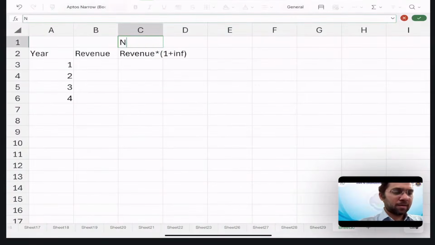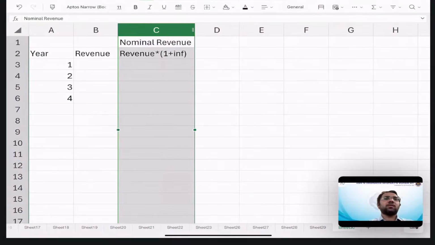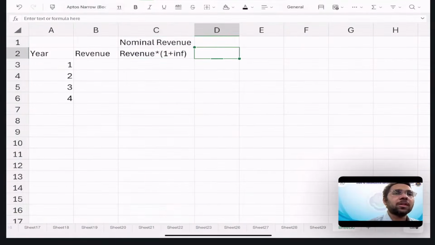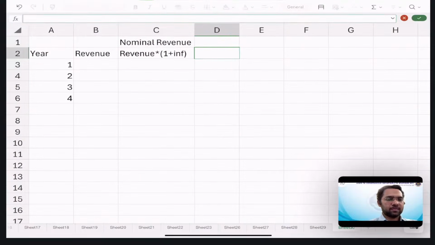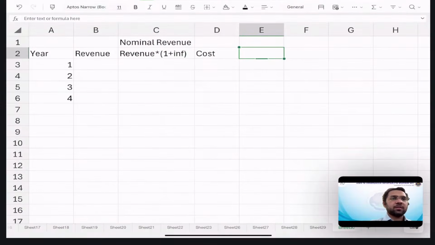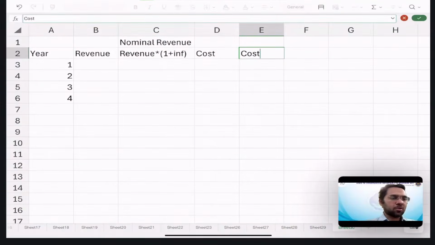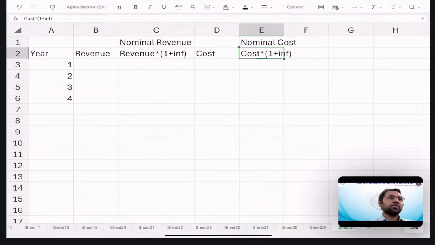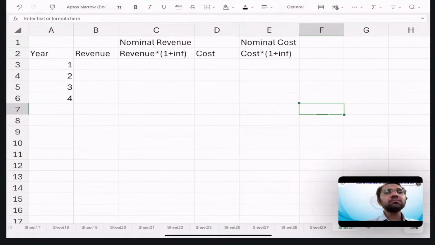That will be your nominal revenue. Then we have the cost. And then I need to also multiply the cost with 1 plus inflation to make it nominal cost. So revenue is converted into nominal and even cost is converted into nominal.